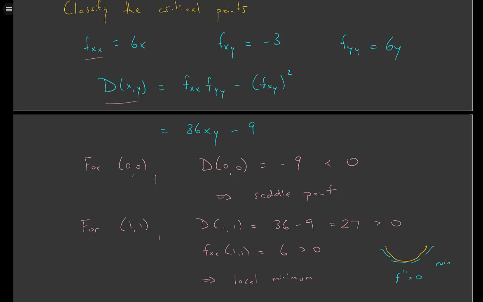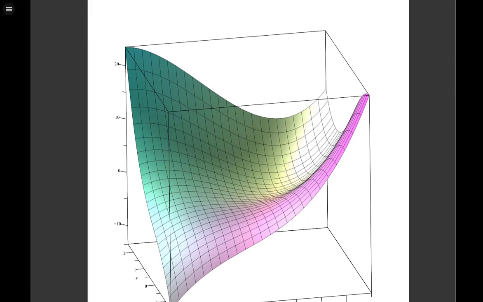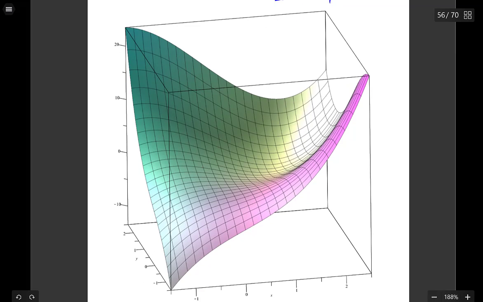All right, so that's it for locating and classifying these critical points. To help you visualize what we found here, I want to take a quick look at the graph of this function. If we plot this function in 3 dimensions, it looks something like this over a limited range for x and y.